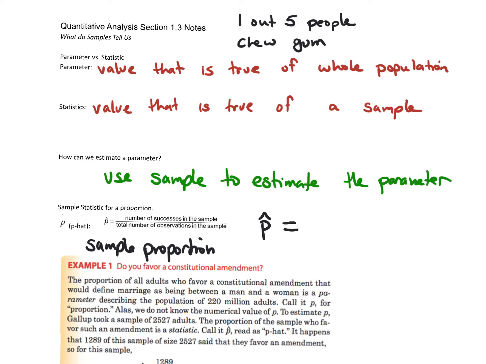So let's say I asked 50 people if they drove more than 20 miles to get here. So 50 would be my total. This is my total number of people I asked. And let's say that 15 took over 20 minutes. So this is our actual value. How many had that characteristic?